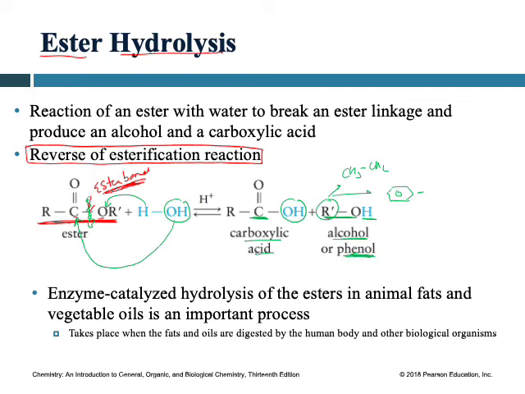This type of ester hydrolysis is important in our biological system too, because enzyme-catalyzed hydrolysis of the ester, if you remember, I told you at the beginning of the chapter, this ester compound is found in lipids, which are found in our body, fat, oil, and vegetable oil, and is an important process. So that's why ester hydrolysis is a very important enzyme-catalyzed reaction.